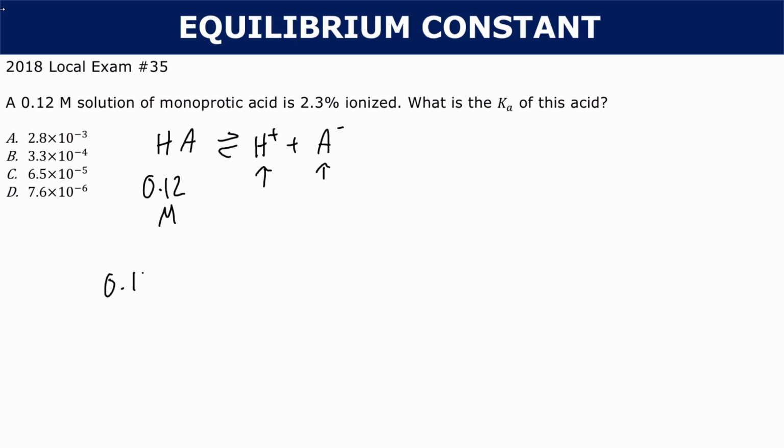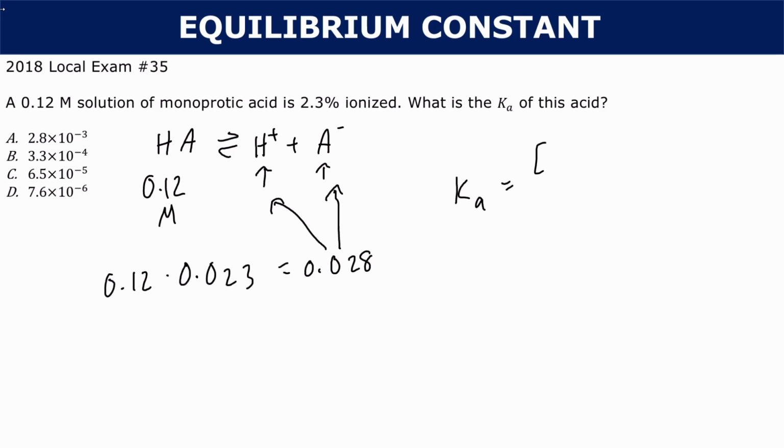Well, we can just multiply 0.12 times 0.023, and that's going to be about 0.028-ish. And that represents the concentration of H plus and the concentration of A minus. So our Ka value, remember Ka is just going to be the concentration of A minus times the concentration of H plus over the concentration of our acid itself. So our equilibrium concentration for A minus and H plus, we just found that out.